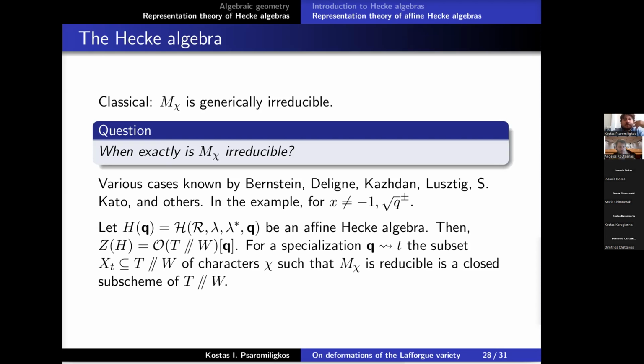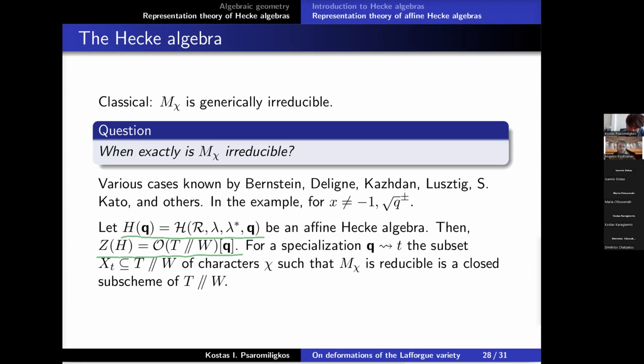Now, consider the following thing. Let's go back to affine Hecke algebras. Fix some root datum and some parameters, and let H_Q denote this affine Hecke algebra. Then the center is going to be regular functions of T mod W, and you have to adjoin this Q. Of course, Q is in the center, it's a variable.